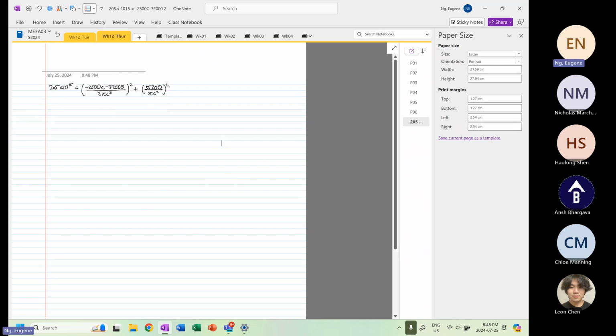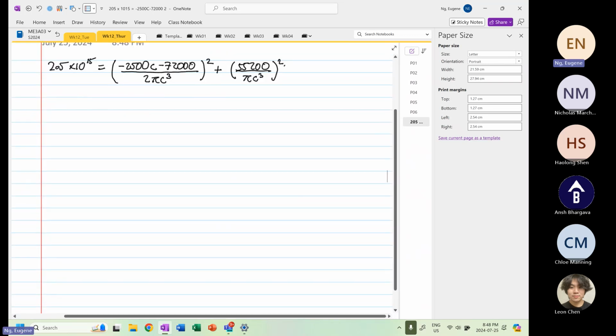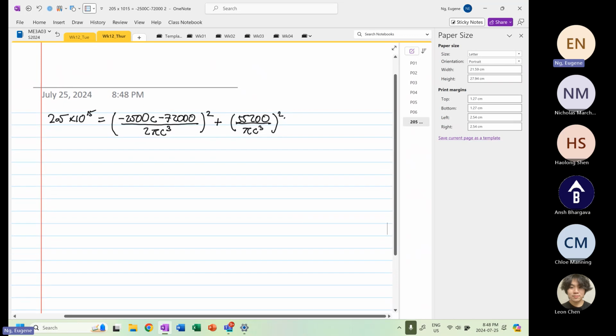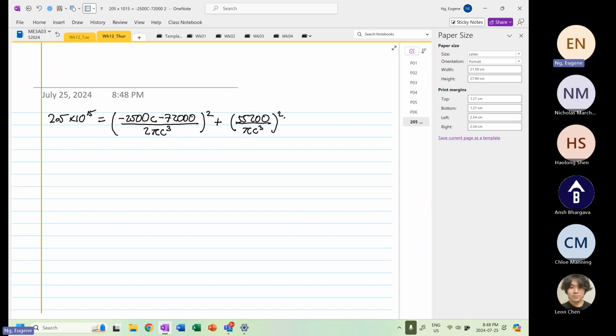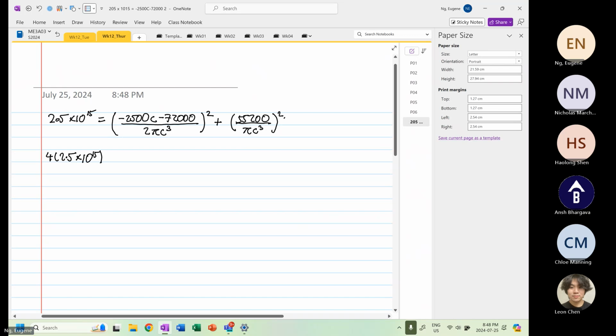Yeah. So we have to make it to a form that we can use our calculator to solve it. Okay, so I'm going to simplify this further. I'm going to bring the 2 out. So the 2 squared, so 4 multiplied by 2.5 times 10 to the power 15.